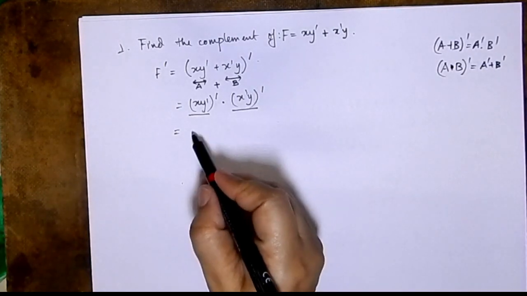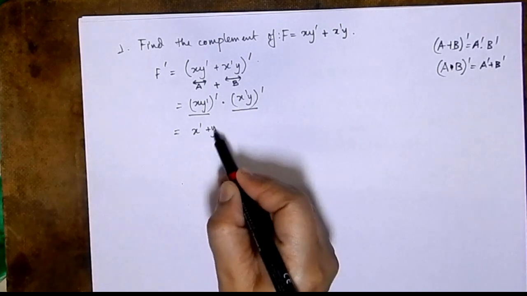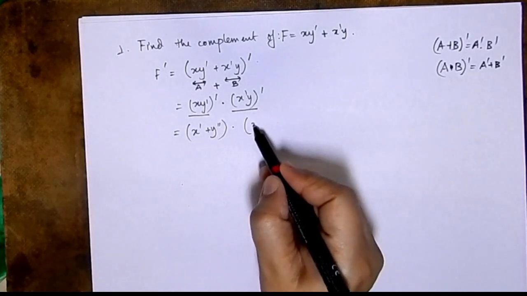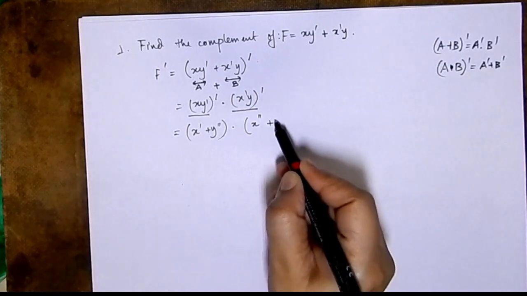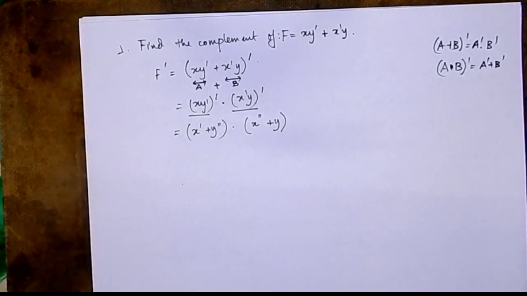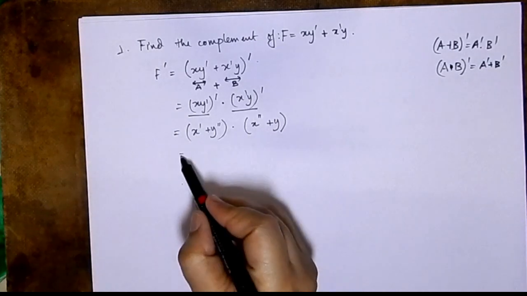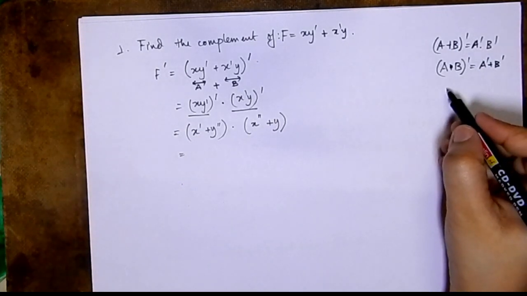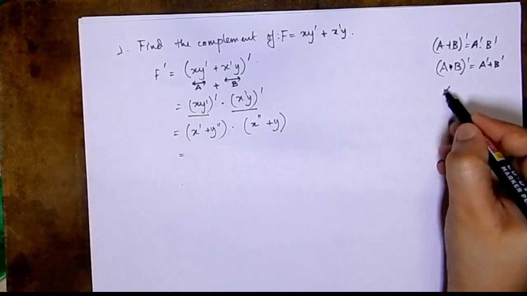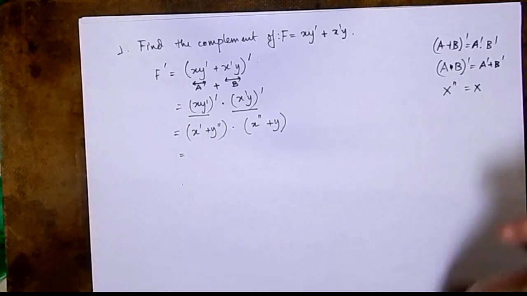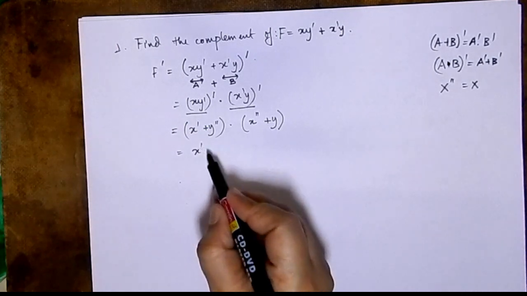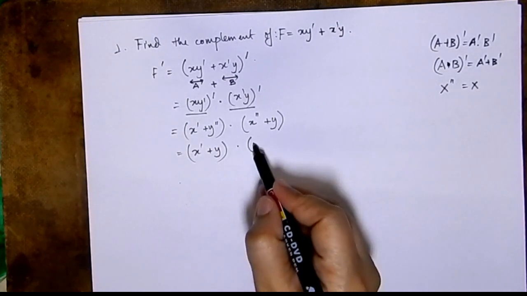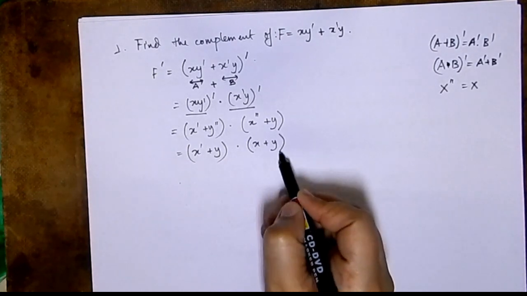So here x dashed plus y double dashed dot, this is x double dashed plus y. Now the double complement of any variable is the variable itself, so x double dashed is equal to x. So this will be (x dashed plus y) dot (x plus y).